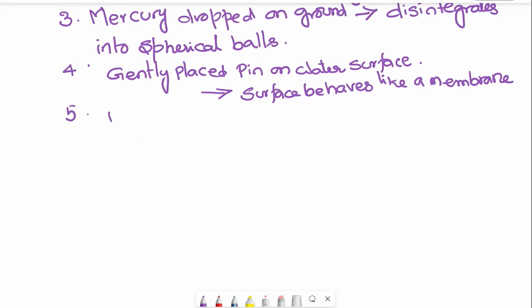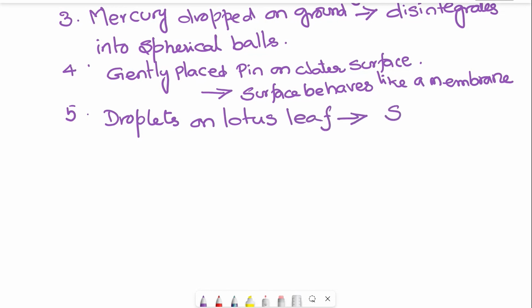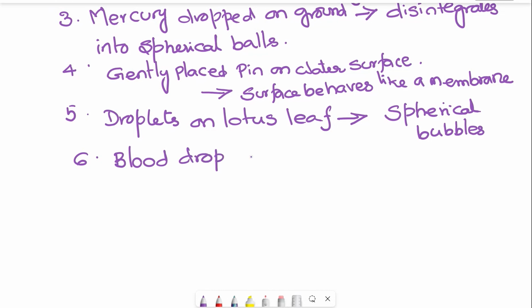Then droplets on a lotus leaf disintegrate into spherical bubbles. The blood drop is spherical.